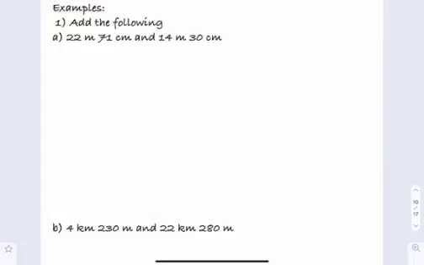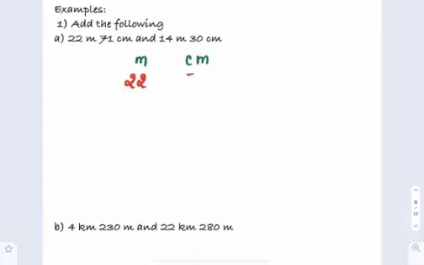It's the same procedure as normal addition, but we place it in proper columns, since we have two units here, meters and centimeters.